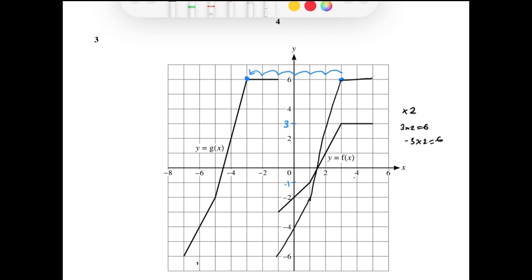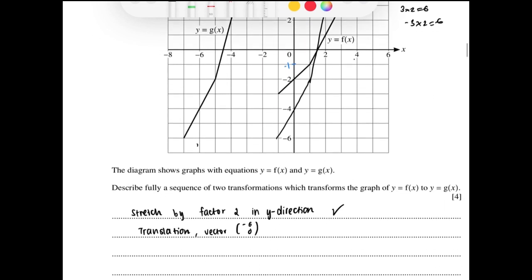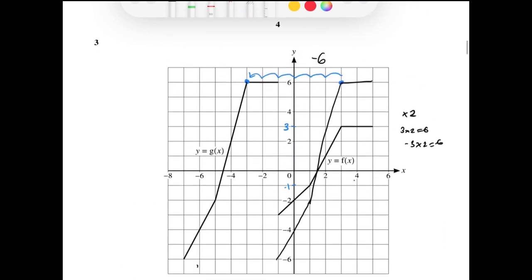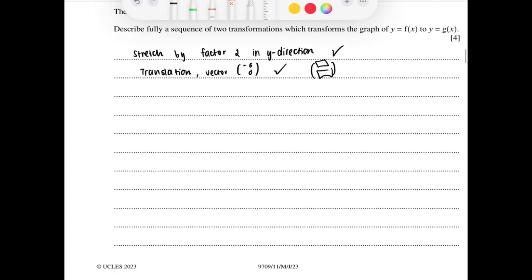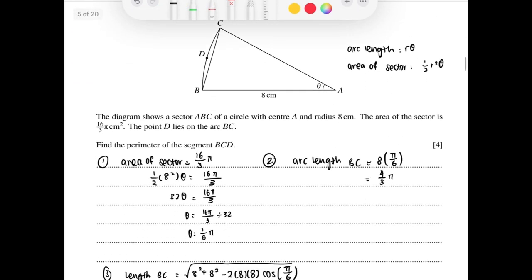You have to look at the same points. So from this point to this point, you move to the left by 6 boxes, and when you move to the left, you need to remember the negative sign. So that's what I did over here, and remember, put it in vector form. The top place is for moving to the left or right, and the bottom place is moving up or down. Up is positive, down is negative, right is positive, left is negative.